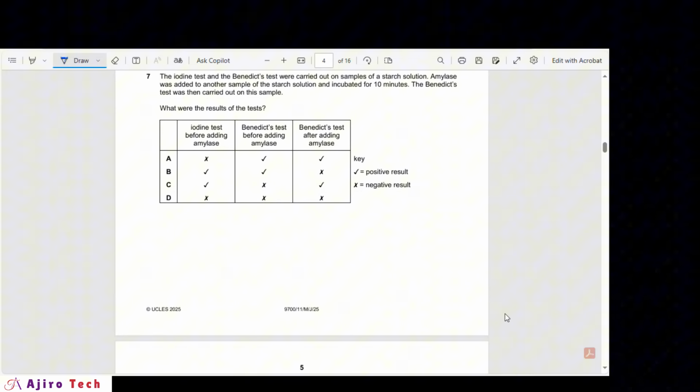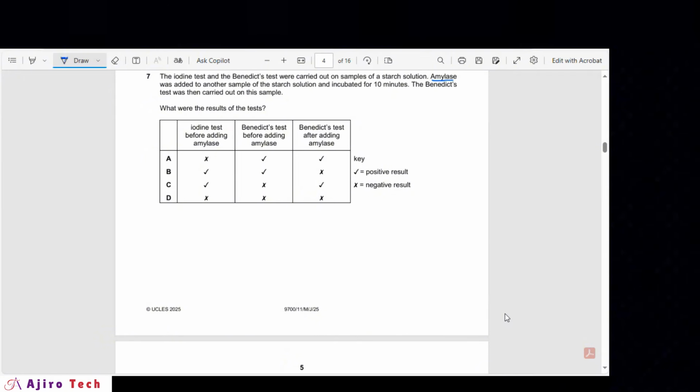The iodine test and the Benedict test were carried out on samples of a starch solution. Amylase was added to another sample of the starch solution and left there for 10 minutes. The Benedict test was then carried out on this sample. So basically here, iodine test before adding amylase, there will be starch. Amylase breaks down starch into maltose, which is a reducing sugar.